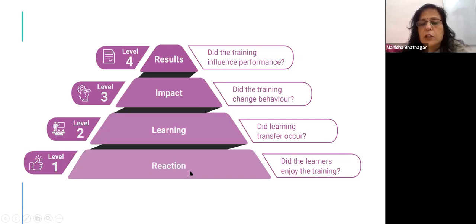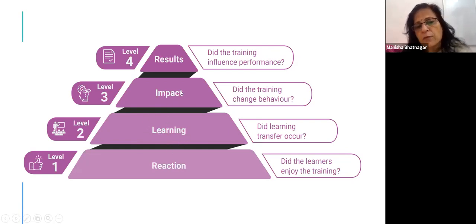So you can understand that the reaction level would be immediate, just after the training is over or even during the training. The learning level could also be just after the training, or you can give them an exam, and you can also make some exercises which they do on the job, to know whether they have really retained something from the training. This is also after some time of the training, when the person is settled in his job, or maybe even at the end of the training.